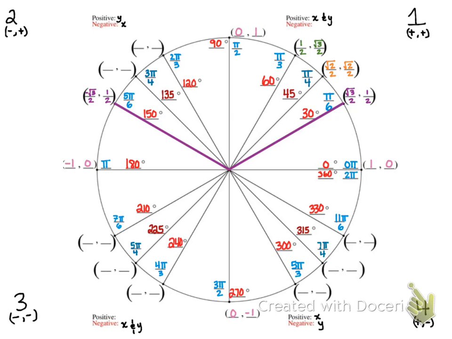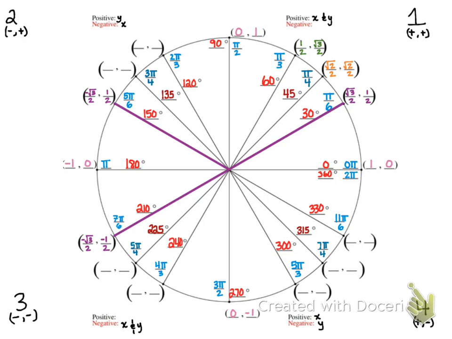So continuing this reflection, I then take my 5 pi over 6 angle, and I reflect it over the x-axis. And when I do that, I land on my 7 pi over 6. So in this quadrant, they're both negative. So I have negative root 3 over 2 and negative 1/2.